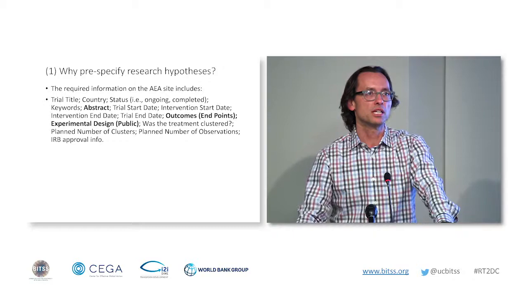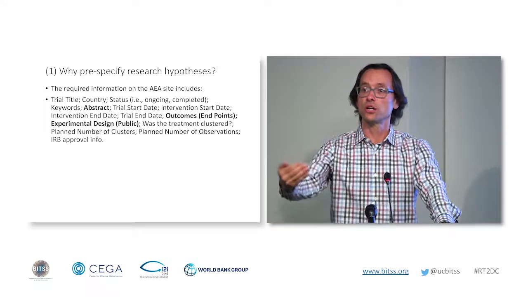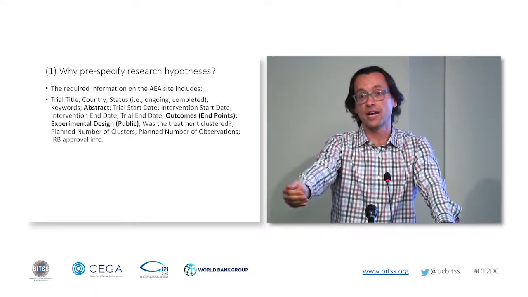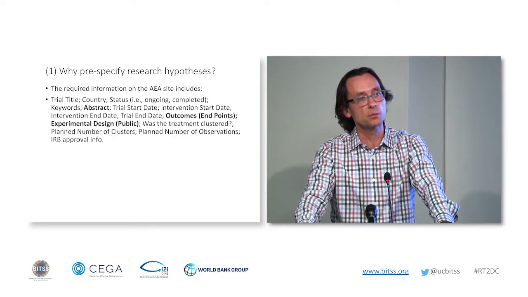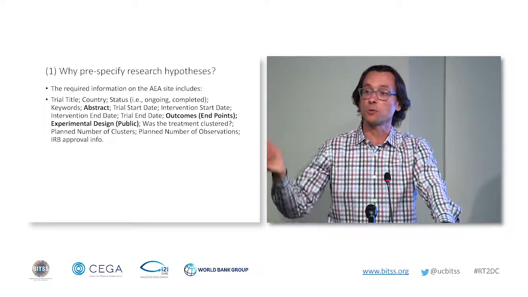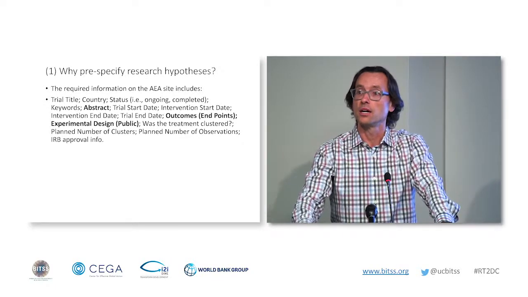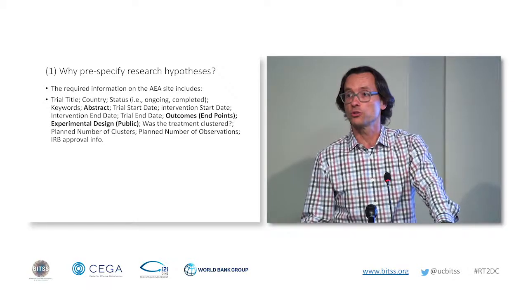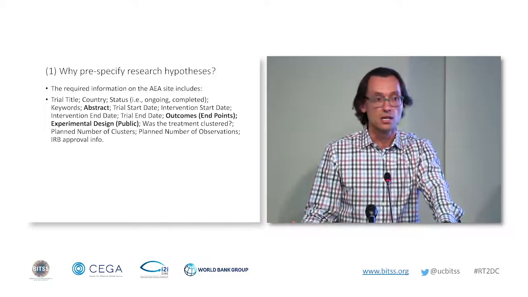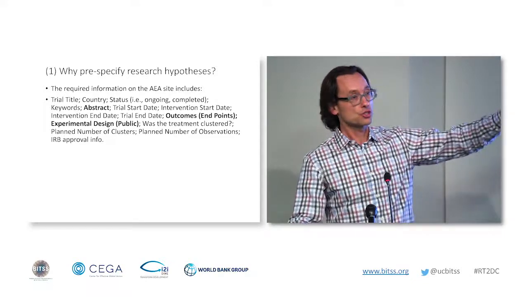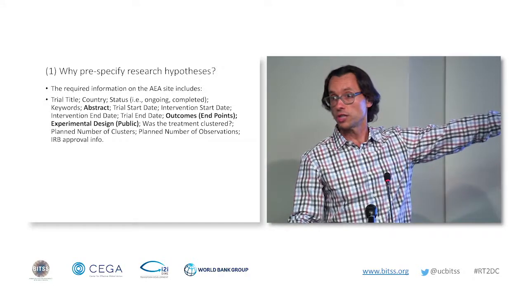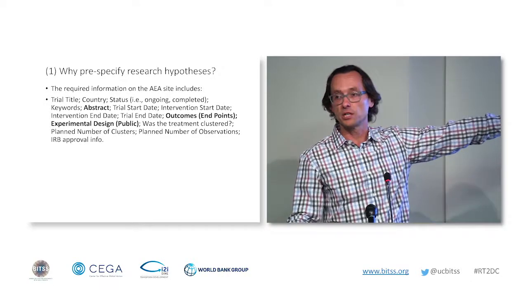I've bolded here some key points. Outcomes are listed. What are your primary outcomes, or what are called endpoints in some fields? What is the experimental design? What type of experiment are you running? Some basics about the design, clustering, number of clusters or units, and then IRB approval.